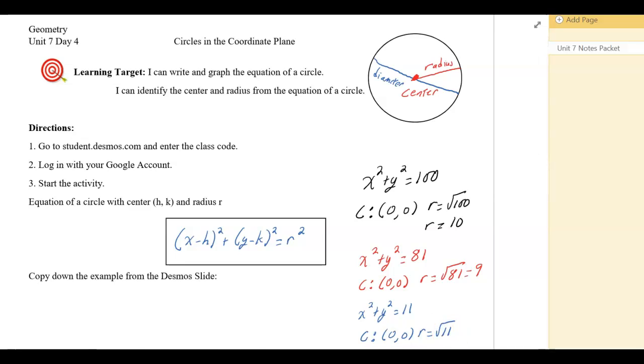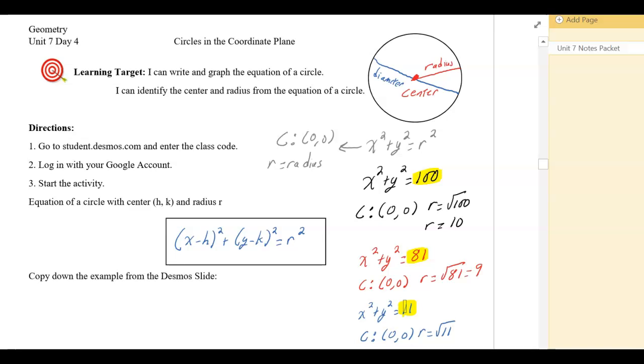So the main idea that I'm trying to get to is the following. If the equation is x² + y² = r², the center is (0, 0), and r is the radius, and to get the radius you take the square root of this constant that I'm highlighting in yellow.